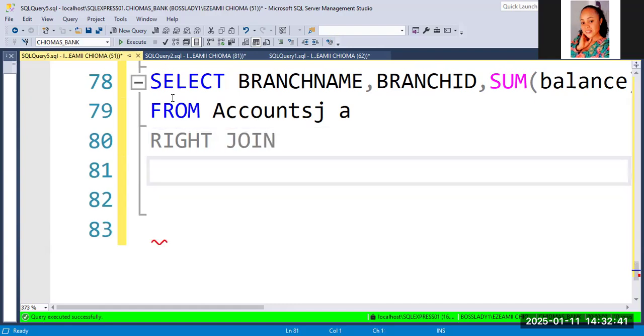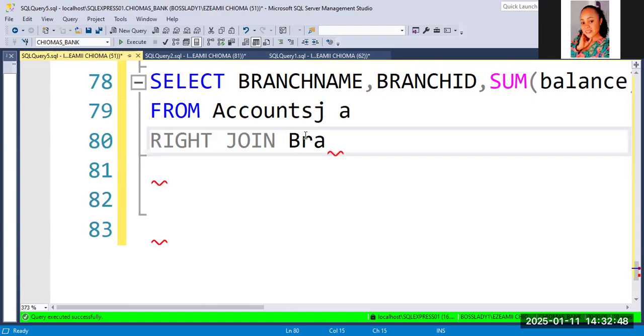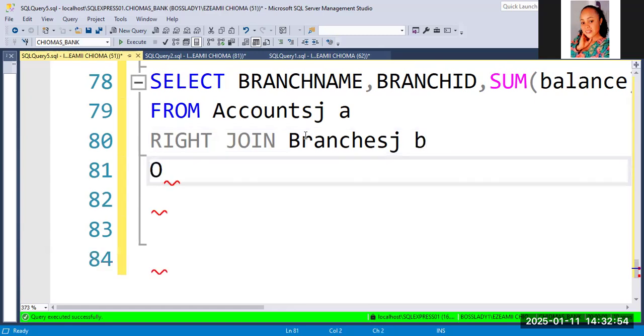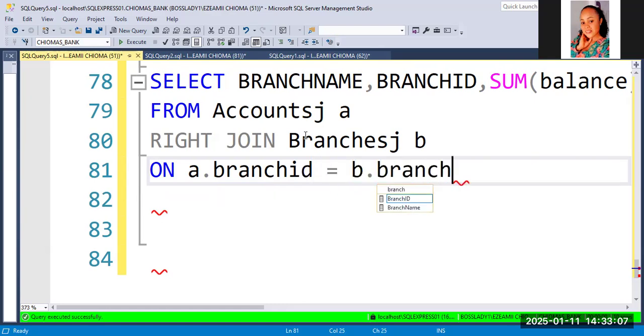Then we get matching rows from the branches table, and we give it our B table. So we want to join it on A dot branch ID equals B dot branch ID.